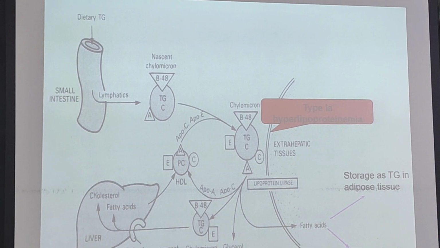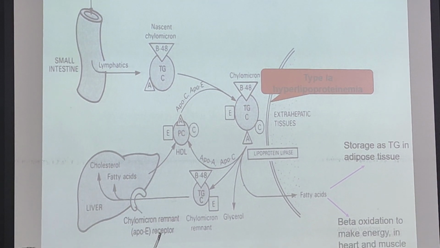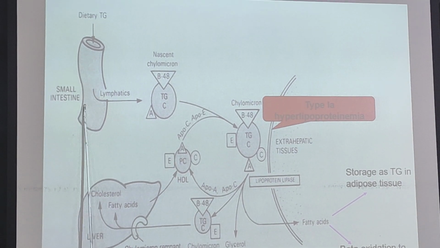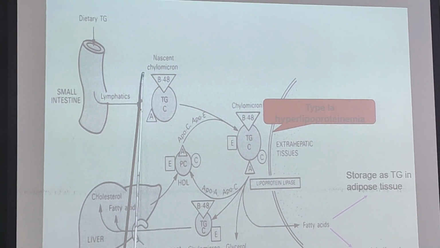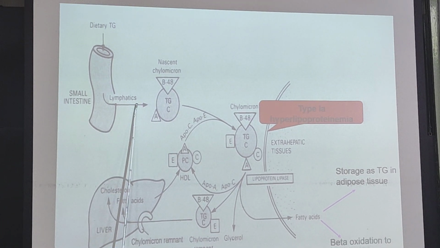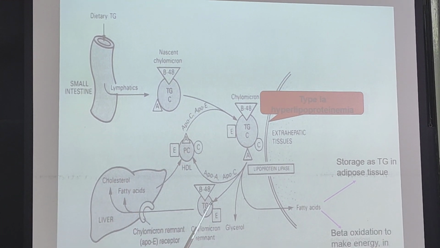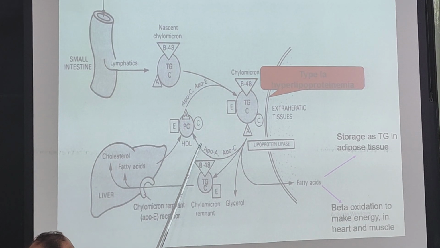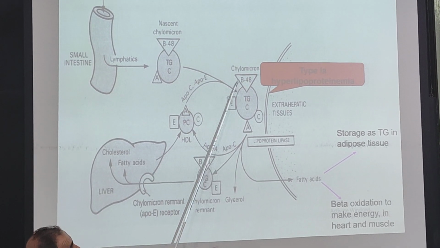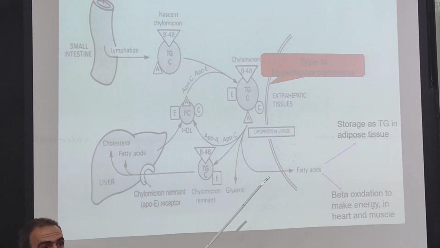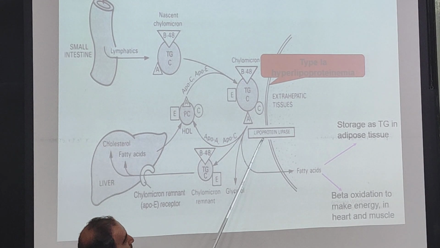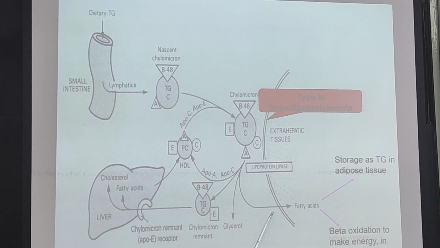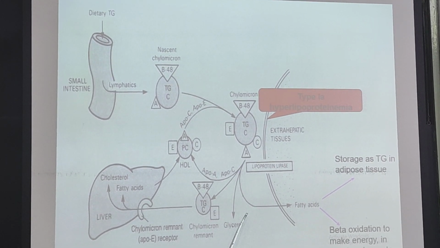So again, you can see what happens to chylomicron. In the intestine we synthesize nascent chylomicron, which goes through the lymphatic system to the blood circulation, where it receives ApoC2 and E from HDL. Then it becomes mature chylomicron. Here we have lipoprotein lipase, and the tissue receives fatty acid and also glycerol.